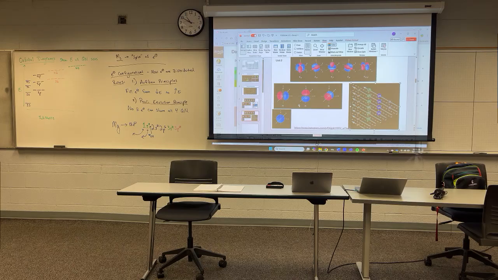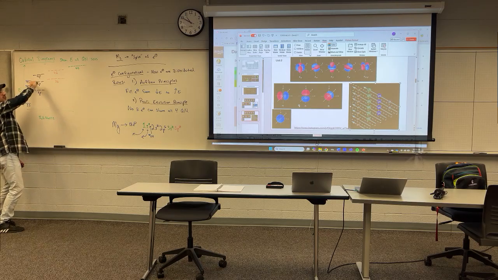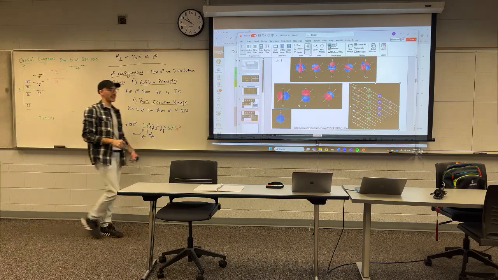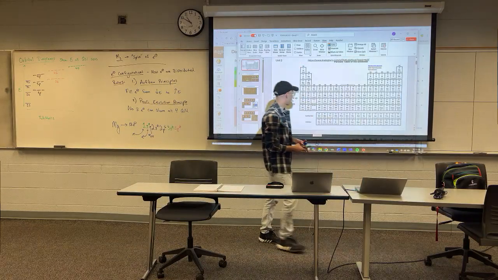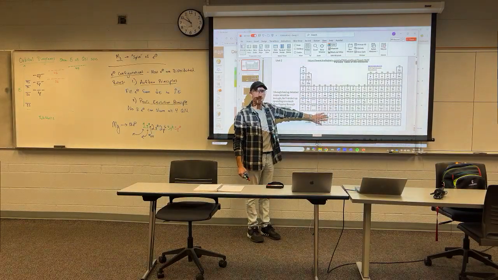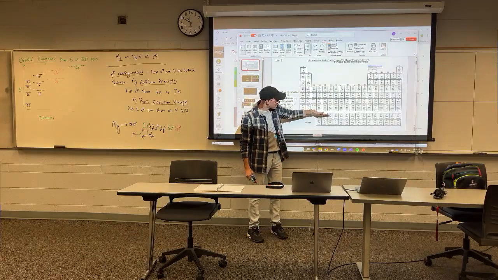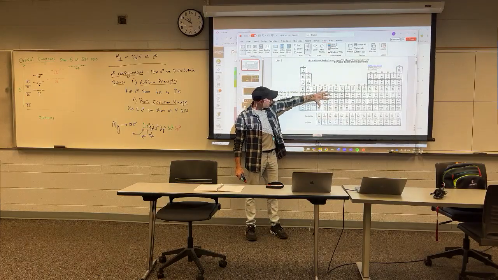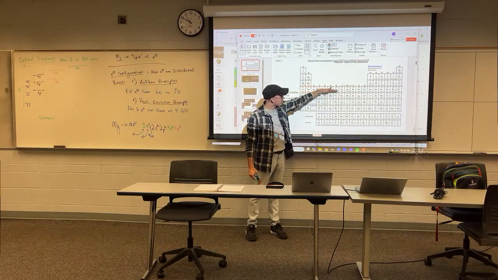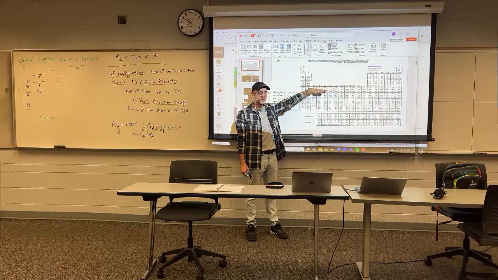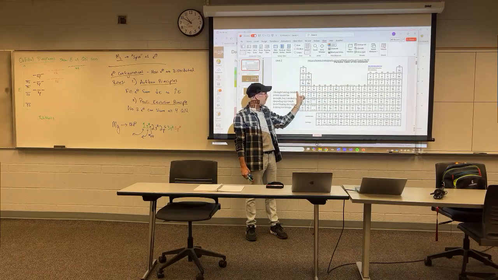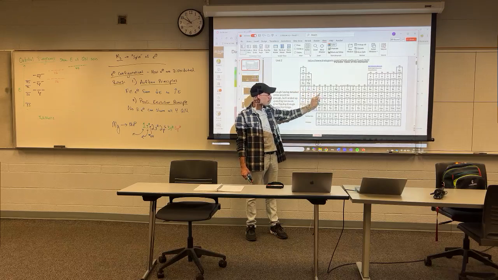But we know that 4f doesn't actually fill sequentially like this. On your periodic table, this is the F block, which means this is 4f. Just like how this is the D block, which means this is 3d. The first D orbital shows up in the third shell, but it fills in the fourth shell.